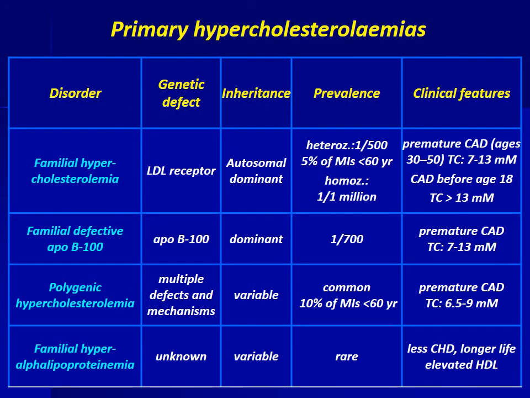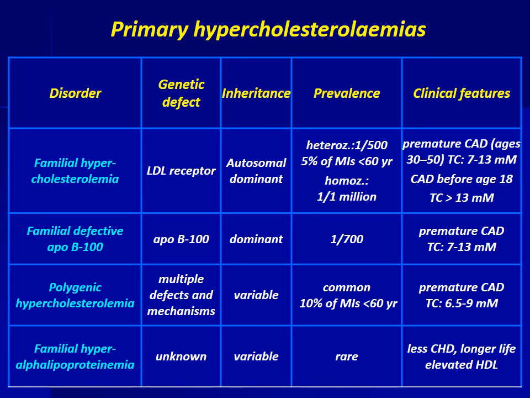This table shows the type of primary hypercholesterolemias and their genetic defect, the inheritance pattern, the prevalence, and the clinical features. Familial hypercholesterolemia, the genetic defect is LDL receptor, inheritance autosomal dominant.